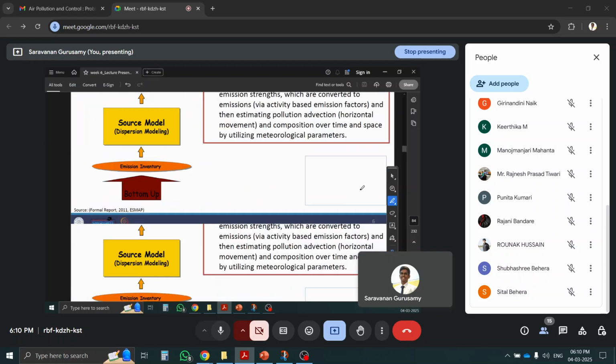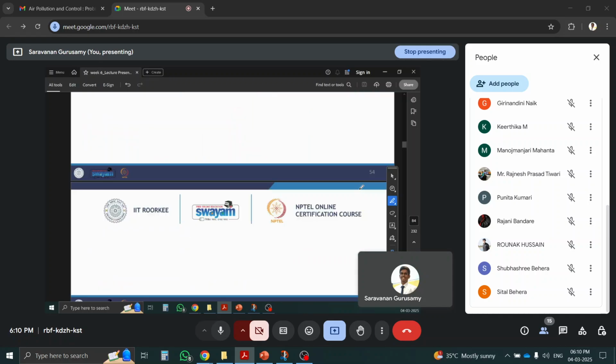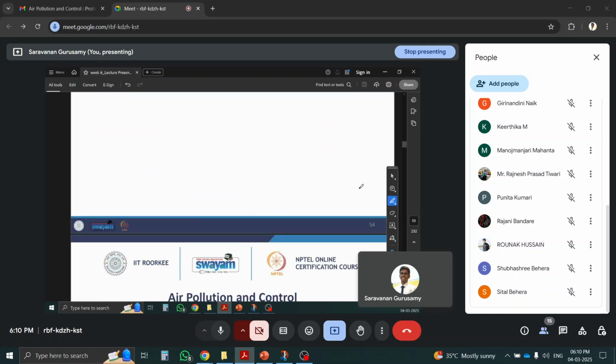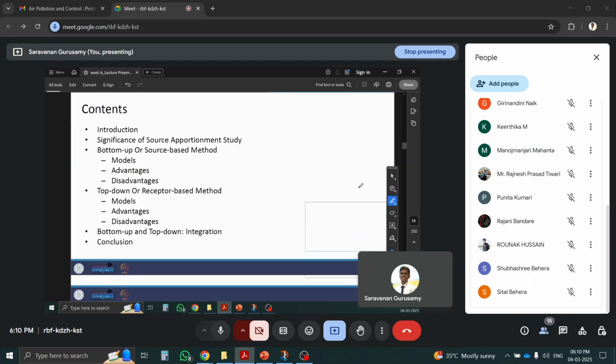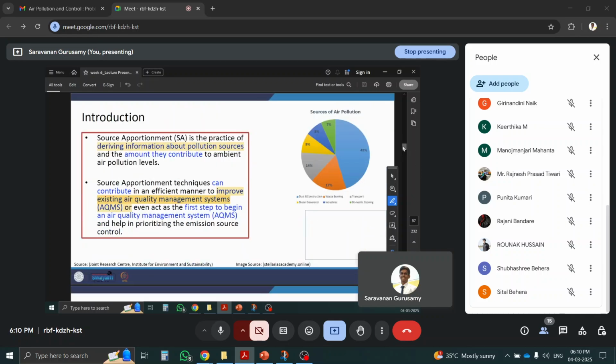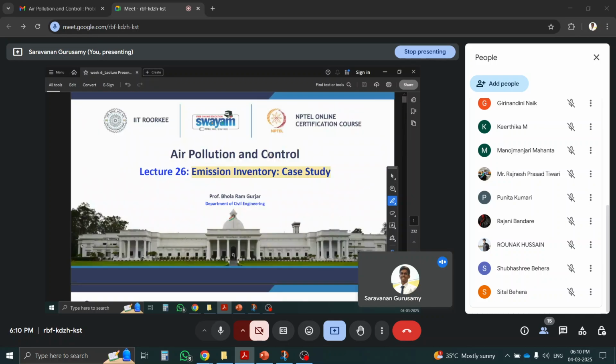So first we will finish this case study on emission inventory, and then we will move on with apportionment, that is called allocation of different emissions from different sources.